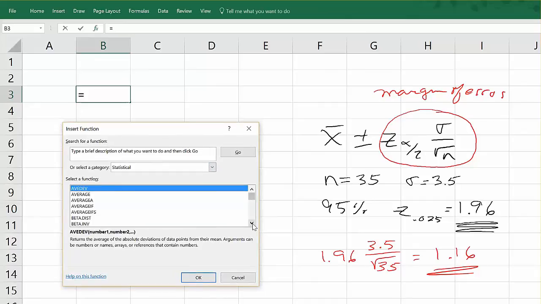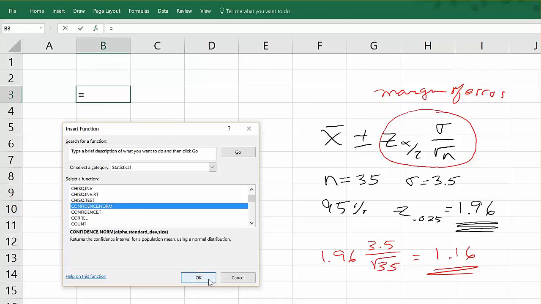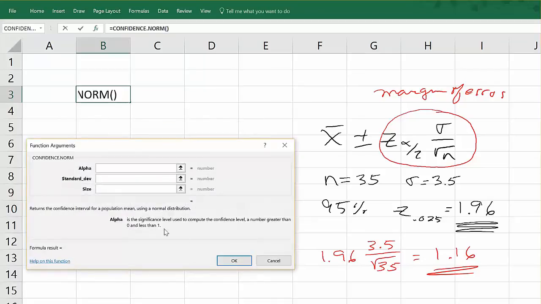And then I'm looking for the word confidence. There's two of them, confidence.norm and confidence.t. We're working with the standard normal distribution, so I'm going to select this function and then hit OK.